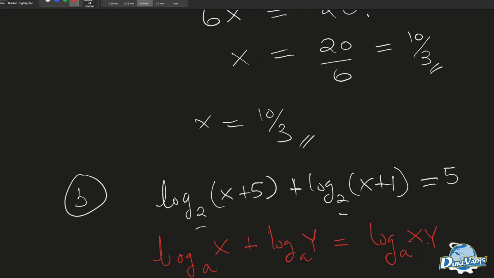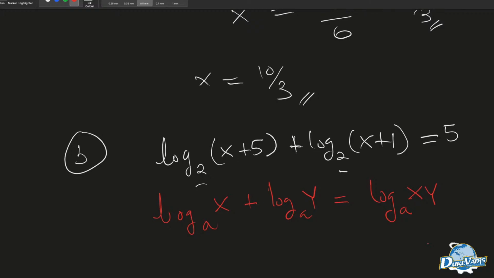So because of that, when we look at the left hand side of the equation, log to the base 2 of bracket x plus 5 plus log to the base 2 of bracket x plus 1 equals 5. Applying this principle of logarithm to this equation will make life easier.